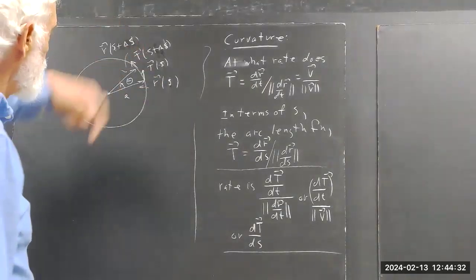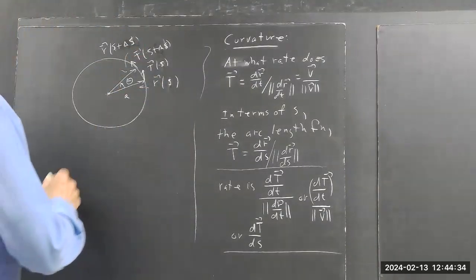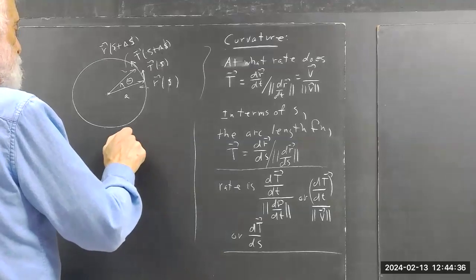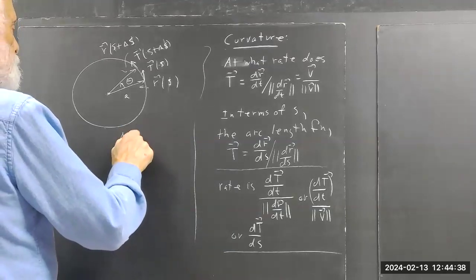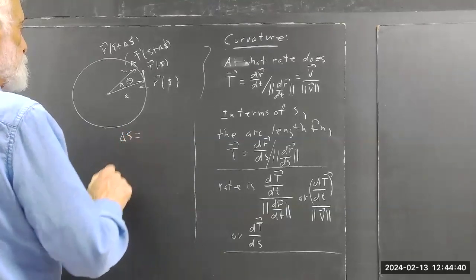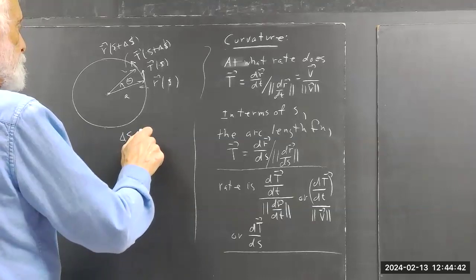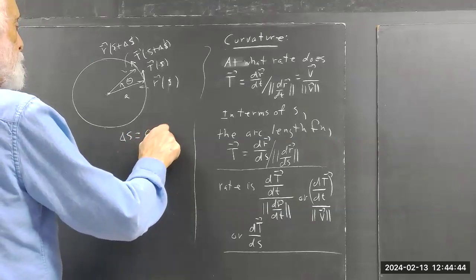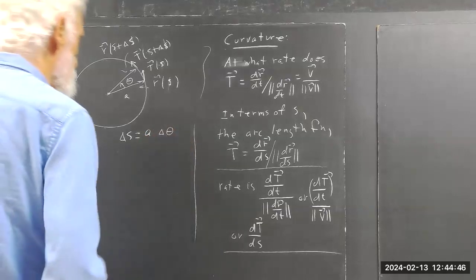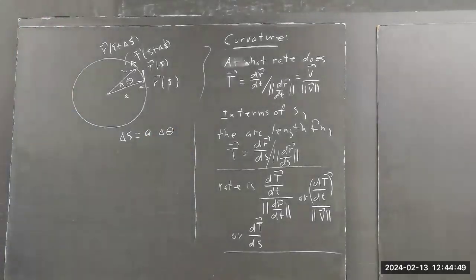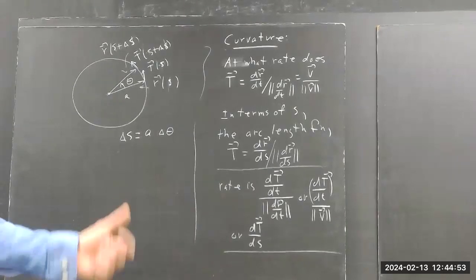Okay, now we've got delta s. So what's delta s? Delta s is a delta theta. Yep, the definition of radian.